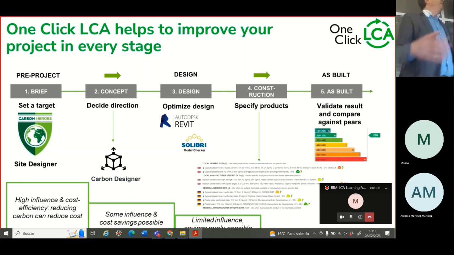So different stages, different approaches, because imagine that here are some generic products, and as-built is the final, I don't know, Kingspan you have asked for or whatever. So they use a specific product. It's also a discussion about what you are using, generic, which is a little more correct, or specific, because sometimes this is the difficult part in many industries, that the designer pushes a little bit for a certain product.